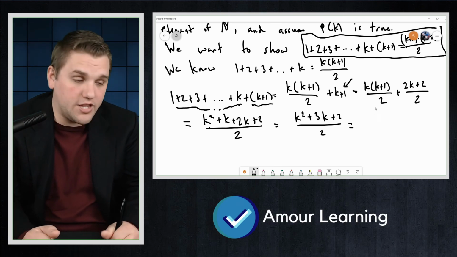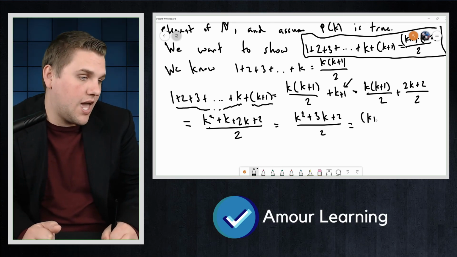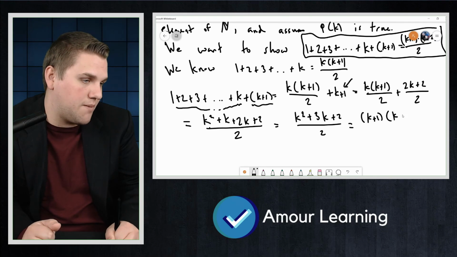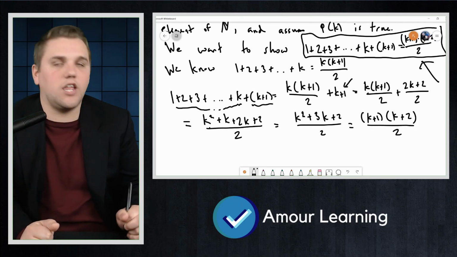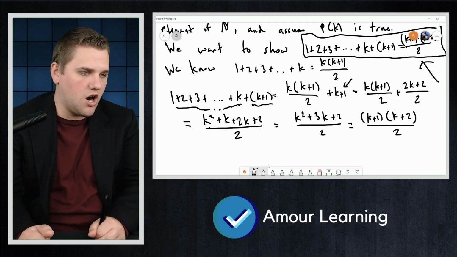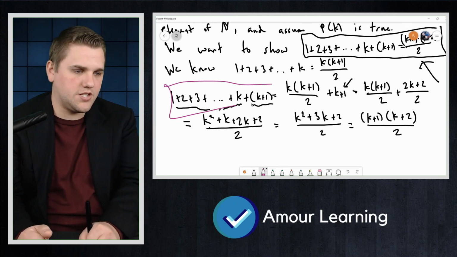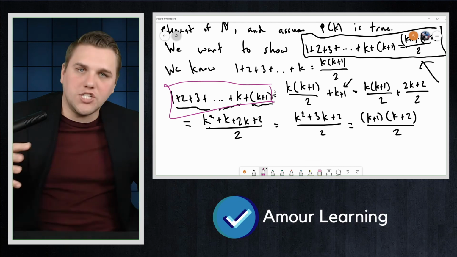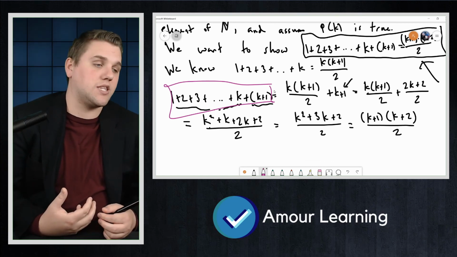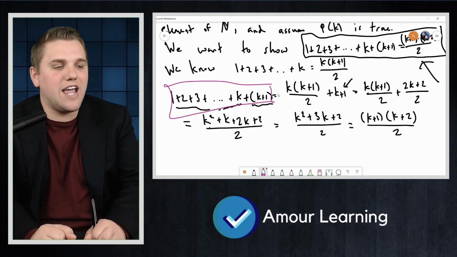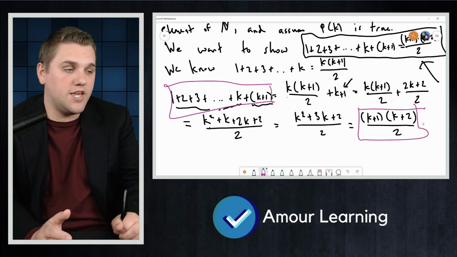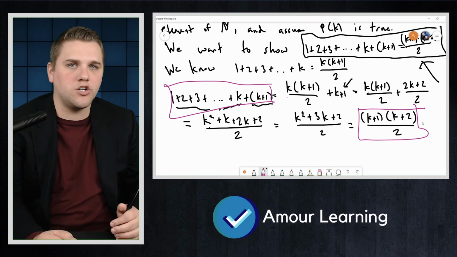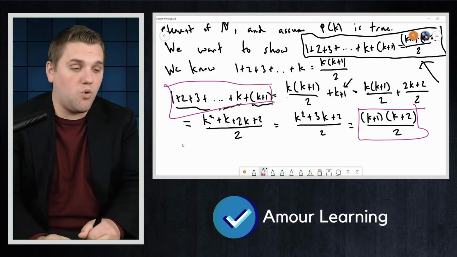We can factor that top as k plus 1 times k plus 2 all over 2, which is exactly what we wanted to show here. We started with this expression, we simplified it using our inductive hypothesis, and we showed that the expression in the purple box is this right here, which is exactly what we wanted to show. This is P of k plus 1.